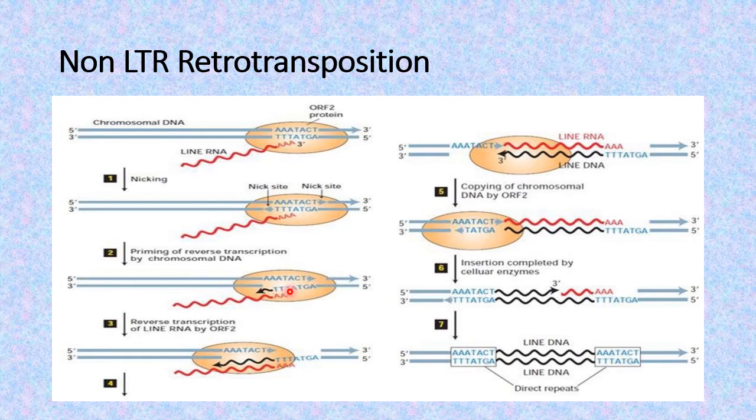It acts as the primer. In this manner, once the DNA stretch is formed, this RNA is replaced by the second strand, the complementary strand of DNA, and ultimately what we obtain is a DNA transposon at the new site, and on both the ends are present these direct repeats, which are a characteristic feature of transposons of both the class 1 as well as the class 2.